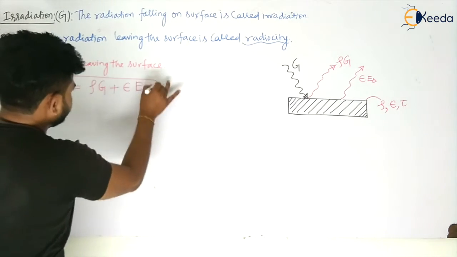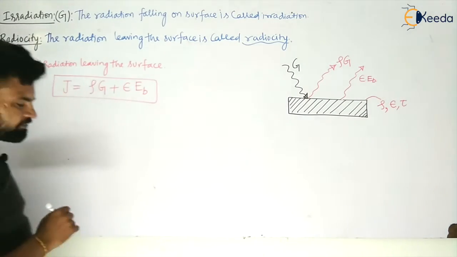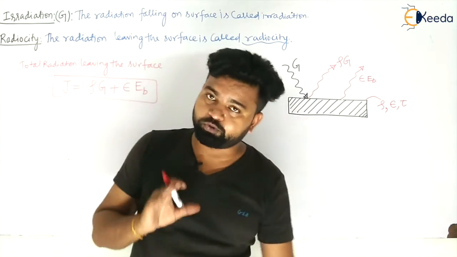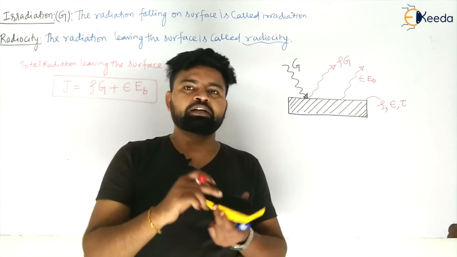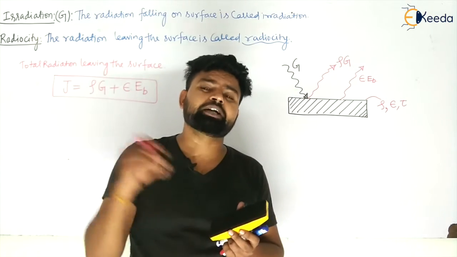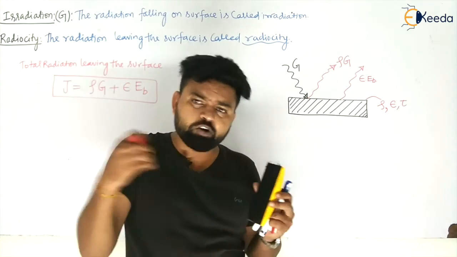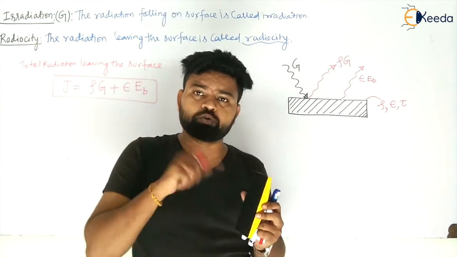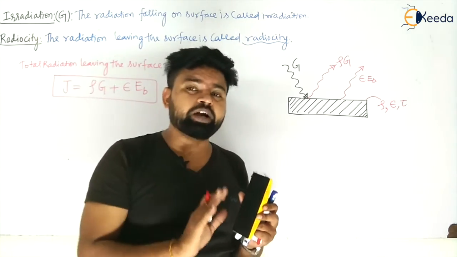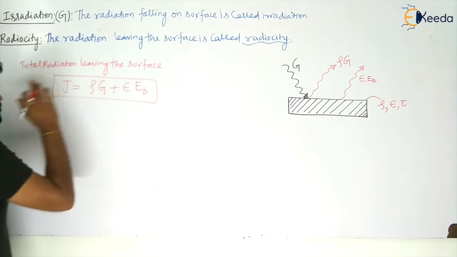So this will be the total radiosity for the surface. This surface is reflecting some and also emitting some. So the total radiation coming out from this surface will be rho G plus epsilon EB, because it is both emitting and reflecting.